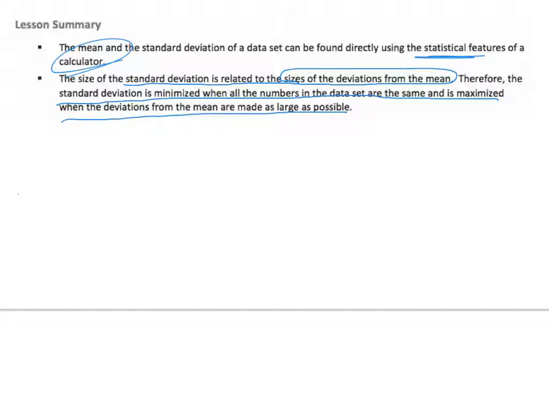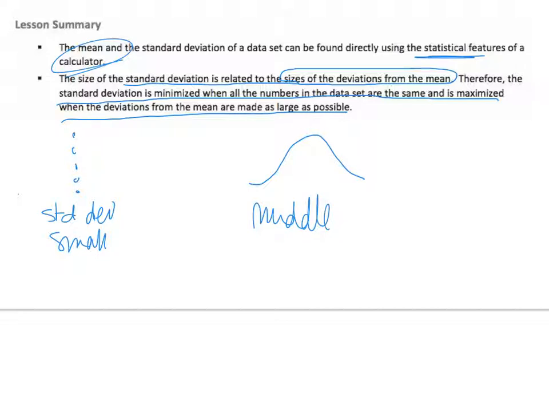So when we had all the dots on top of each other, the standard deviation was the smallest. When we were rounded, I guess that would be the middle. And then when they were the furthest apart, that was the largest standard deviation, right? Nice job. All done.